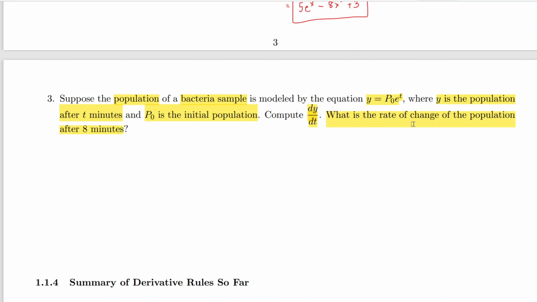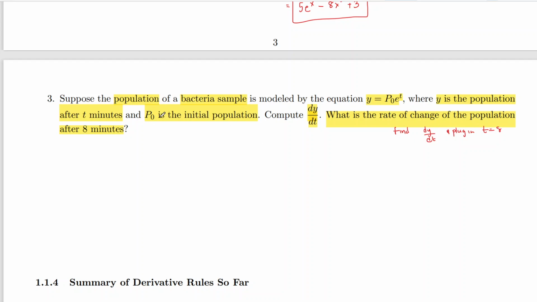Well, we know the rate of change is the derivative, so the second part is asking us to find the derivative, dy over dt, and then t is representing the minutes, so we want to plug in t equals 8. All right, so the first part is telling us to do the derivative. The second part is we have to do the derivative anyway, so we'll plug in t equals 8.